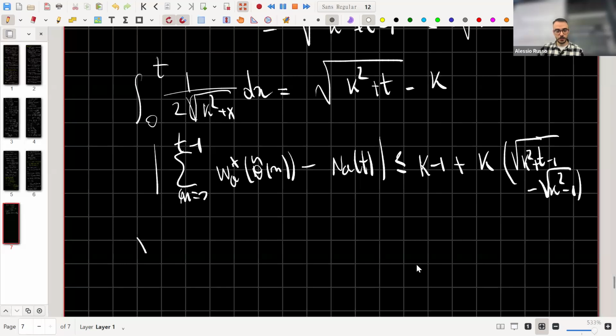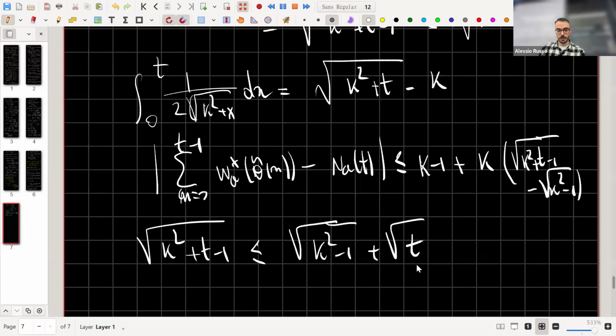Now we can do a simplification to get rid of this minus, simply using that square root of a plus b is smaller than square root of a plus square root of b if we have non-negative terms. So here we get square root of k squared minus 1 plus square root of t.